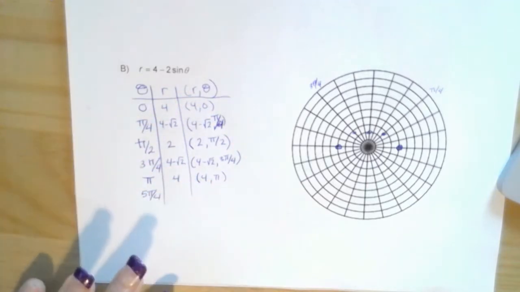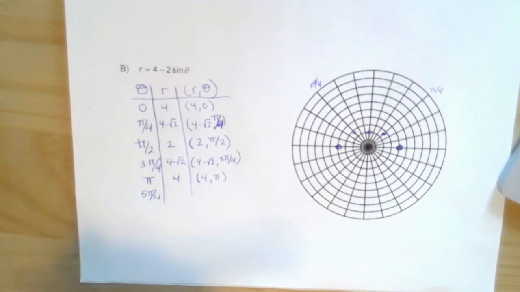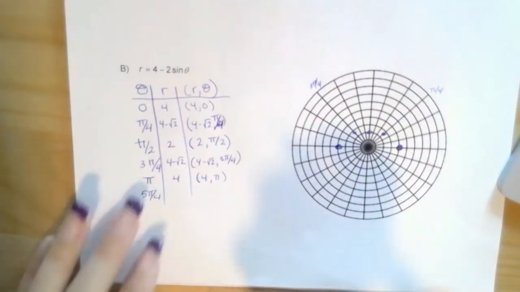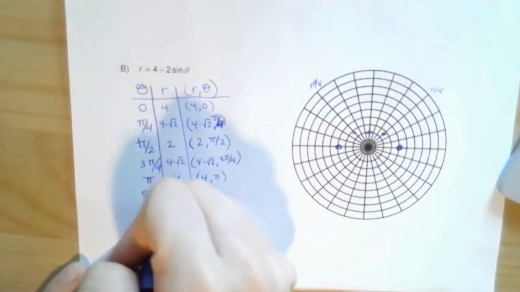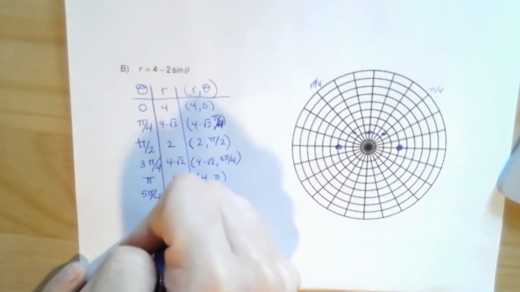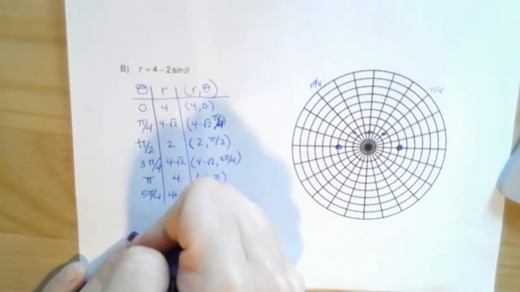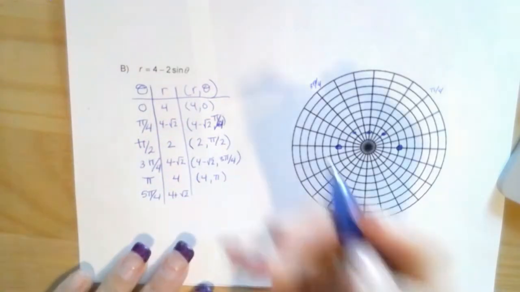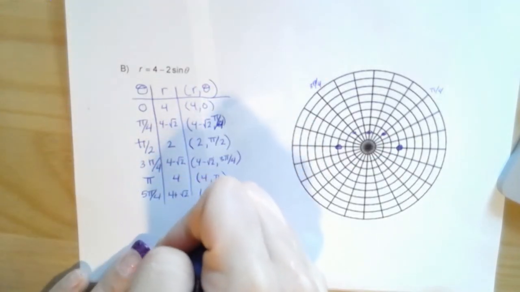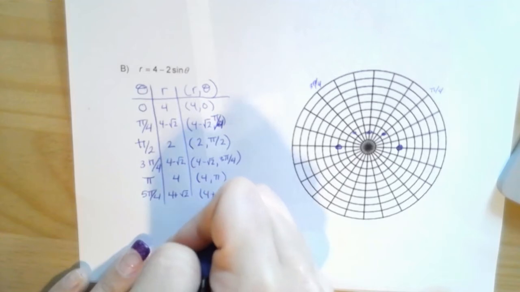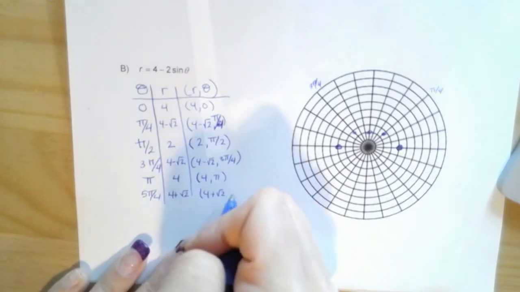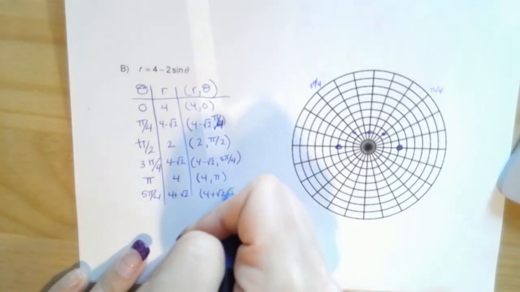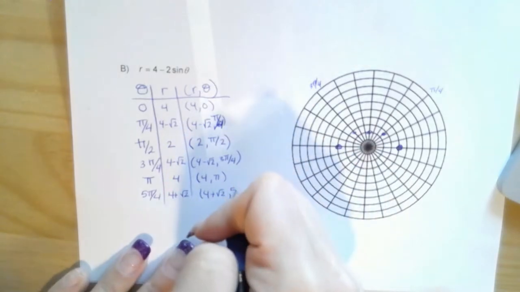So this is where it changes it up a little bit, because if we have 5 pi over 4, we get negative square root of 2 over 2. So actually, what we're getting here is 4 plus square root of 2. So I'll write down my coordinate. Now 4 plus square root of 2 is a little bit more than 5.